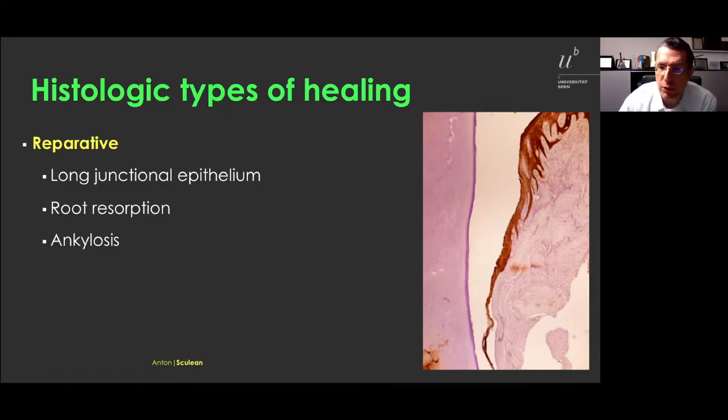And this you can observe very nicely on this histological image on the right that depicts the surface of the root and the proliferation of the epithelial cells. You see these dark brown staining epithelial cells that migrate from the coronal part in the apical direction, very often reaching the bottom of the pocket.